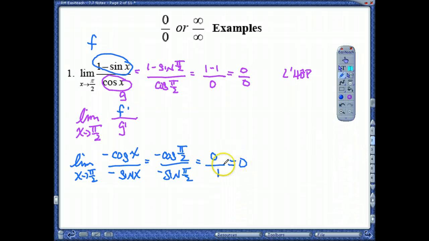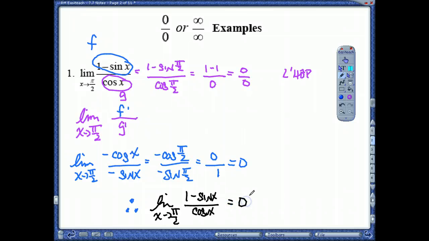So by L'Hopital's rule, if the limit of the derivative of the top over the derivative of the bottom exists and goes to 0, therefore the limit as x approaches pi over 2 of the original also goes to 0.